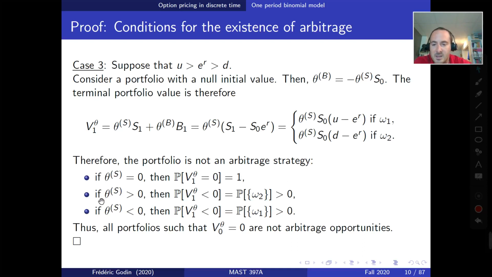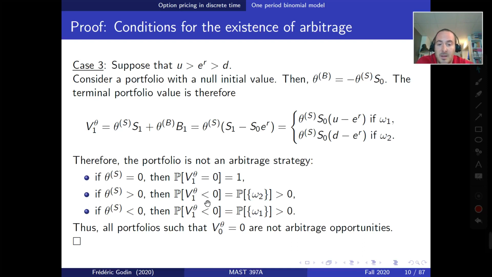Conversely, the second case is what happens when theta S is greater than 0. Then this second expression here is strictly negative, because D is strictly smaller than the exponential of R. So for outcome 2, the value is strictly negative. Because of that, this portfolio is not guaranteed to not lose money, so it's not an arbitrage opportunity.